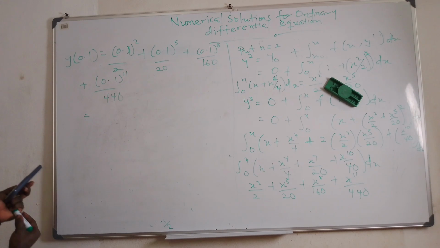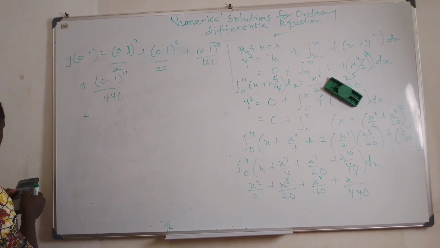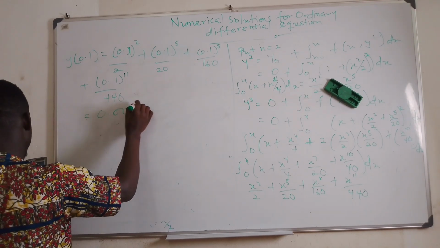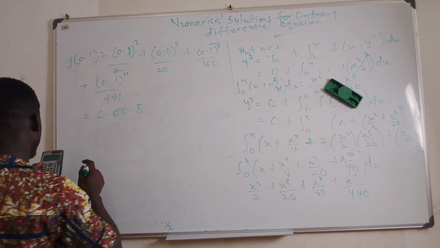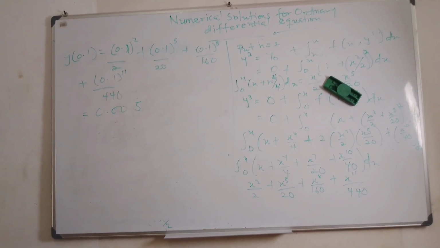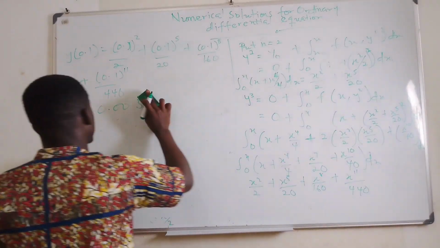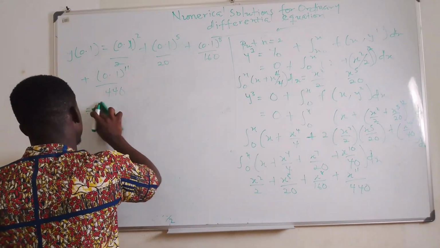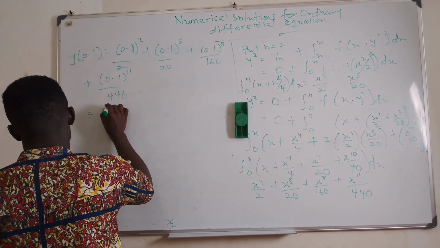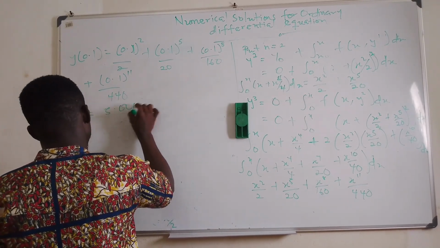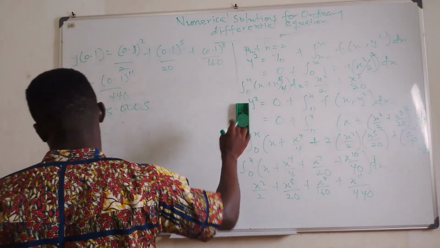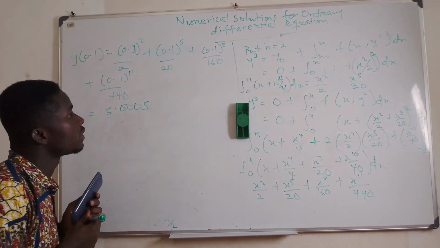So this will be our result. Zero point zero zero five, sorry, 5 point zero zero zero. So this will be our answer. Alright.